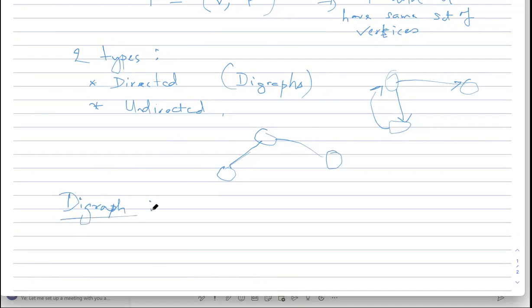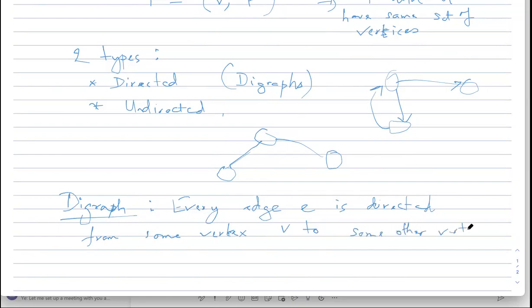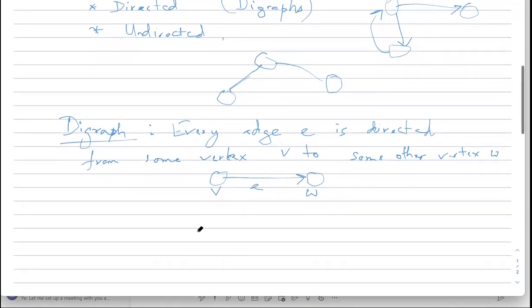So a digraph or directed graph is where every edge E is directed from some vertex V to some other vertex W. So you have V to W connected by edge E. Then E can be written as E equal to V comma W, and this is an ordered pair because that shows the direction.